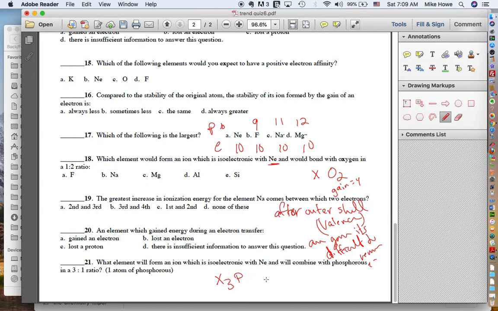Phosphorus is going to gain 3 because it's got 5 in its outer shell. So each atom of X gives how many? Then decide what X is. So X gives blank per atom. Phosphorus gains 3. Element X gives blank per atom.